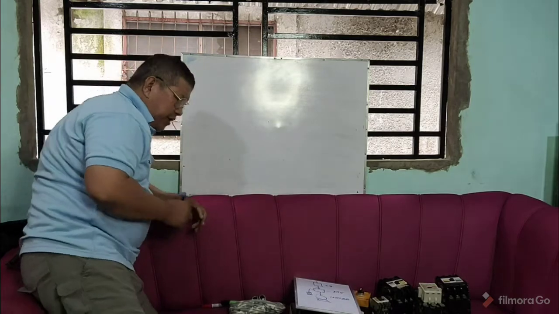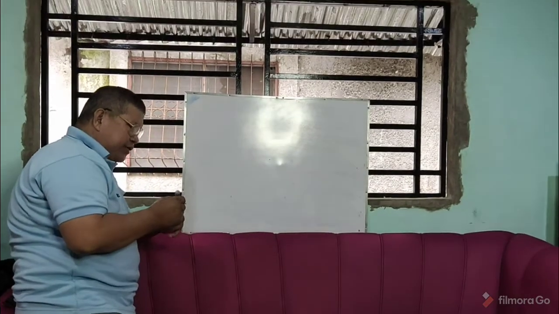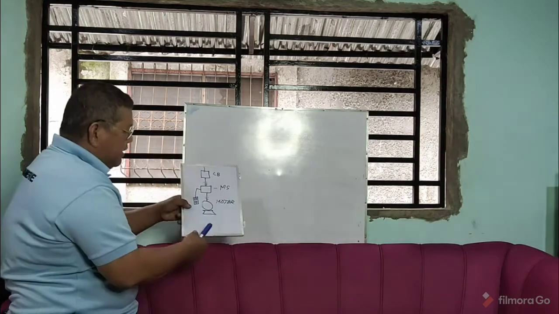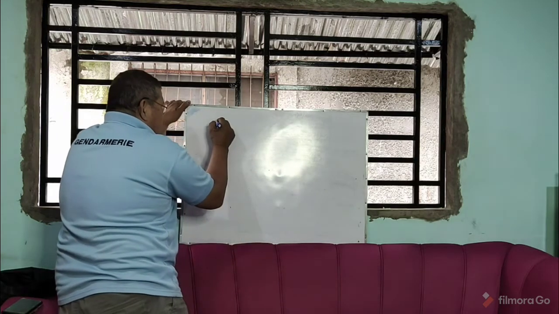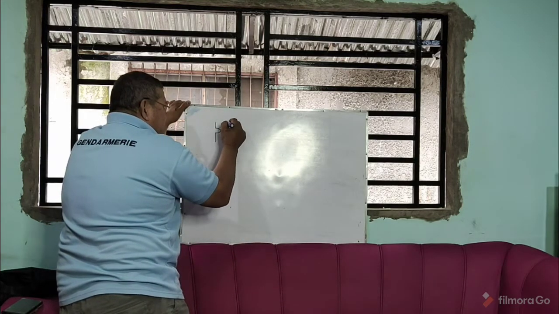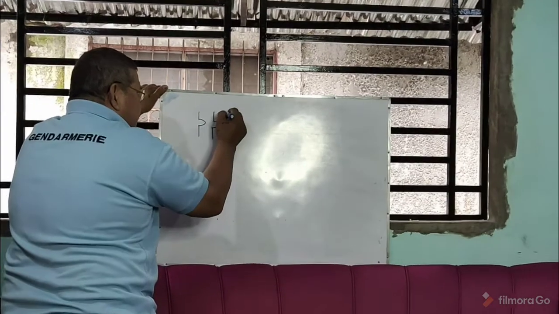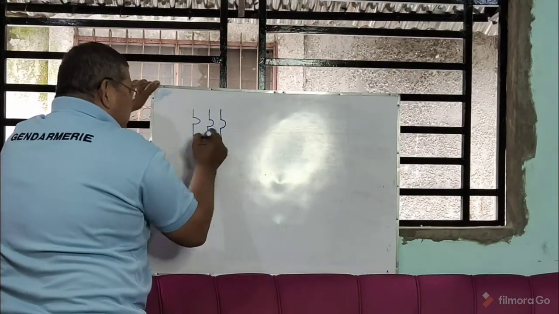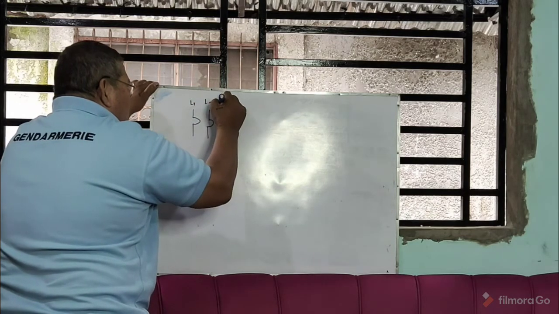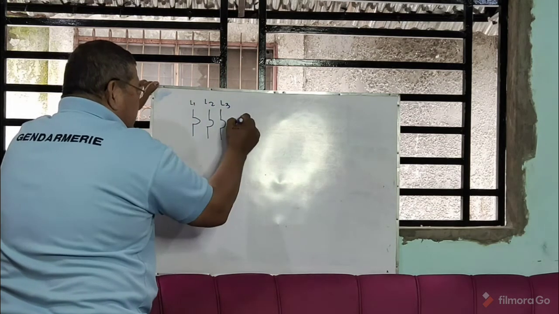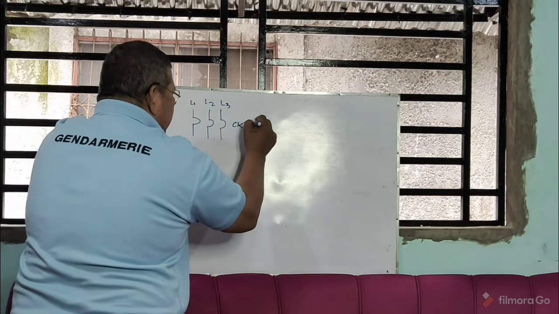I give you already the single line diagram, and then let us interpret this. Okay? So, we have here your circuit breaker, three-phase. This is the symbol of the circuit breaker. You have line 1, line 2, and line 3. So this is your circuit breaker.